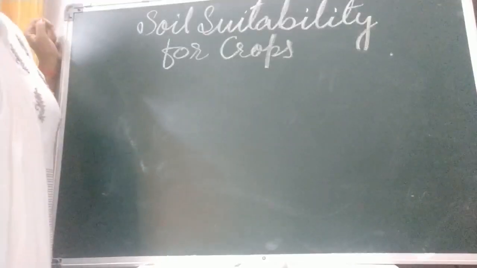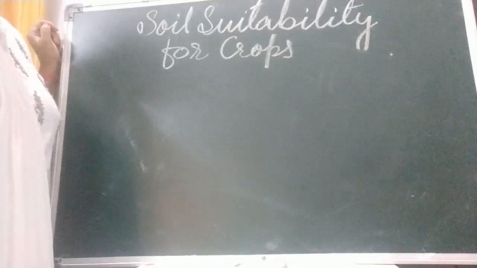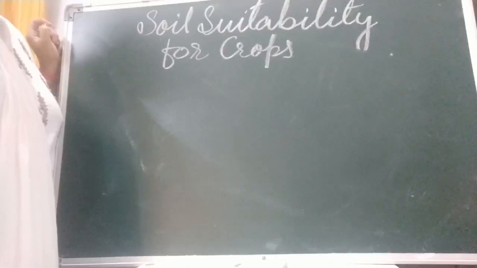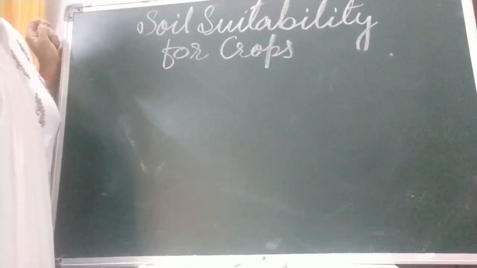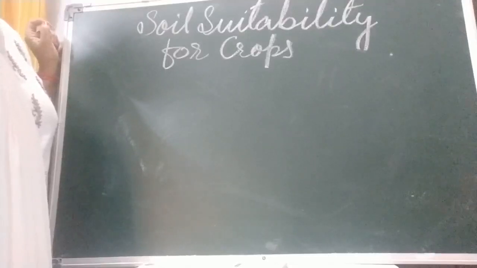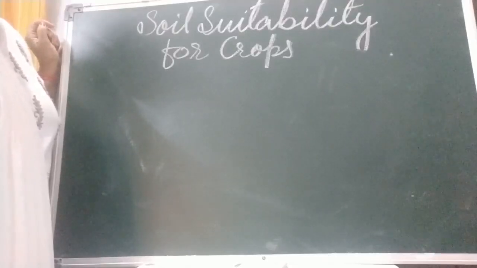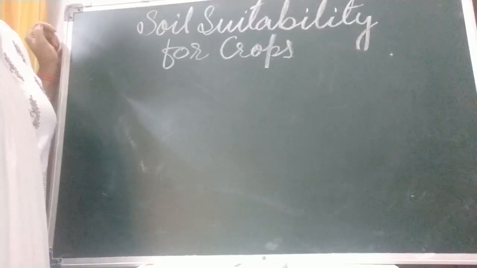So children, we will discuss soil suitability for crops. Soil does not have the same properties everywhere, and therefore different varieties of plants can grow in different areas. For example, wheat primarily comes from Punjab, Uttar Pradesh and Haryana. The major rice producing states are Punjab, Andhra Pradesh and Uttar Pradesh.